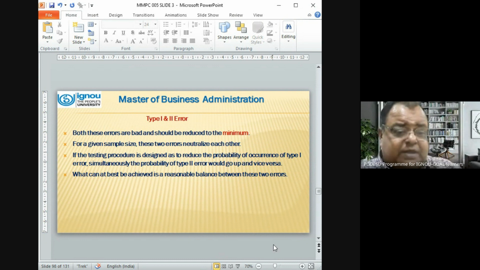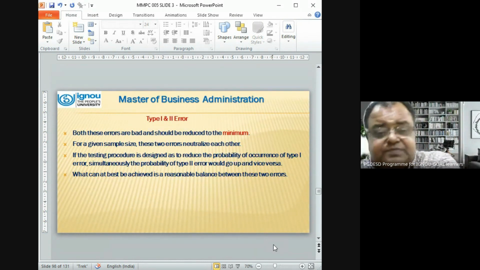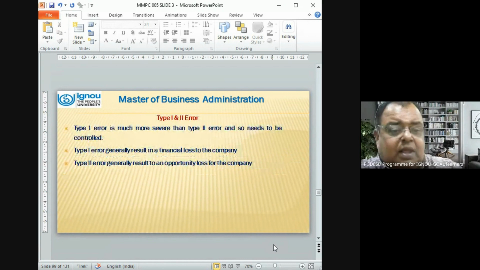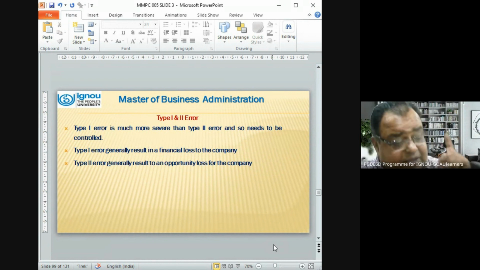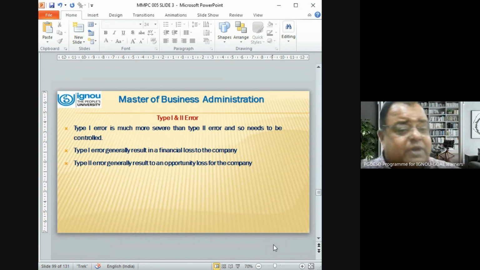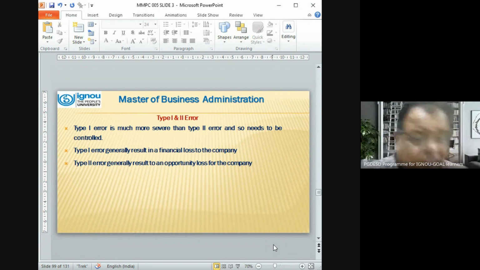What can at best be achieved is a reasonable balance between these two errors. Type 1 error is much more severe than type 2 error, and so needs to be controlled. Type 1 error generally results in financial loss to the company, and type 2 generally results in an opportunity loss to the company.